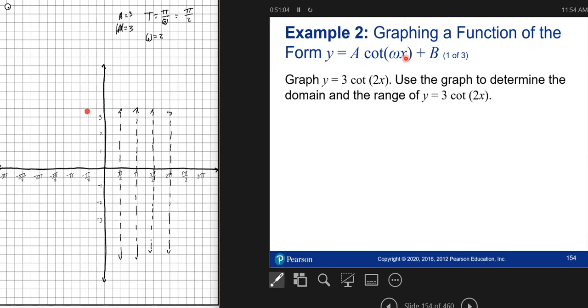And it goes in the negative direction the same way.